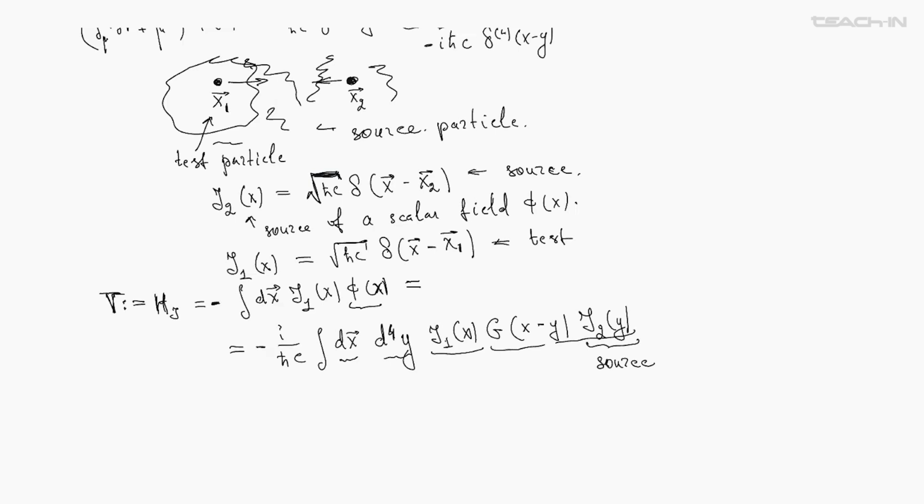So can you repeat what HJ is here? Sorry, what is J? HJ. Is it the Hamiltonian due to interaction? Yes.